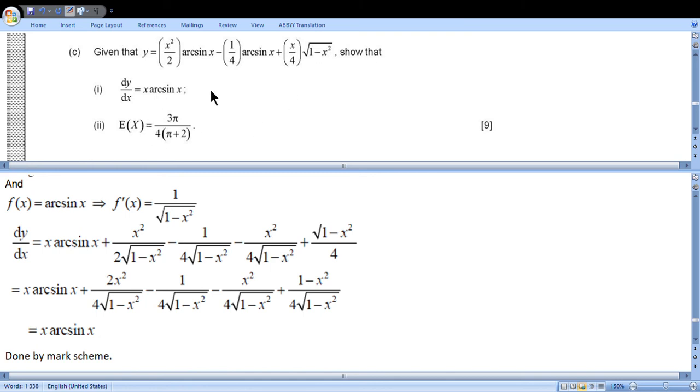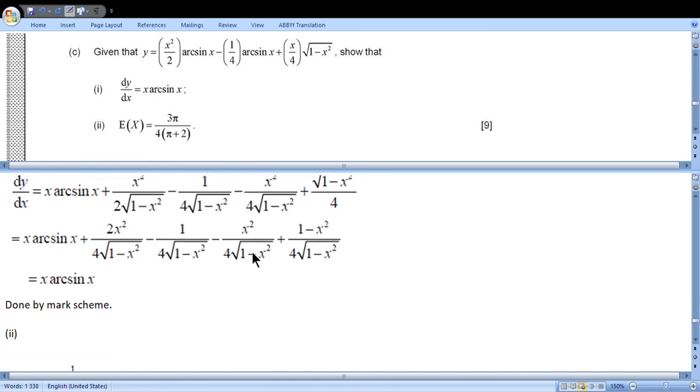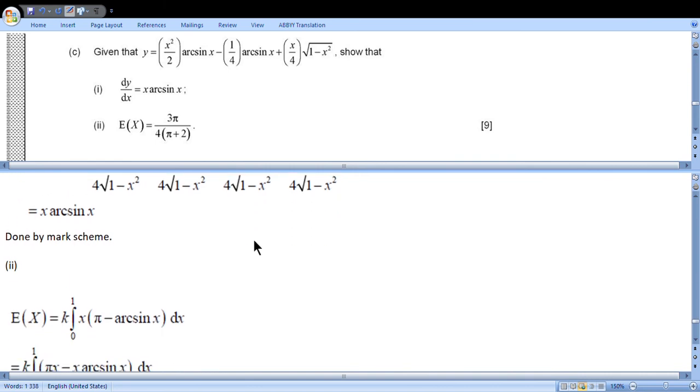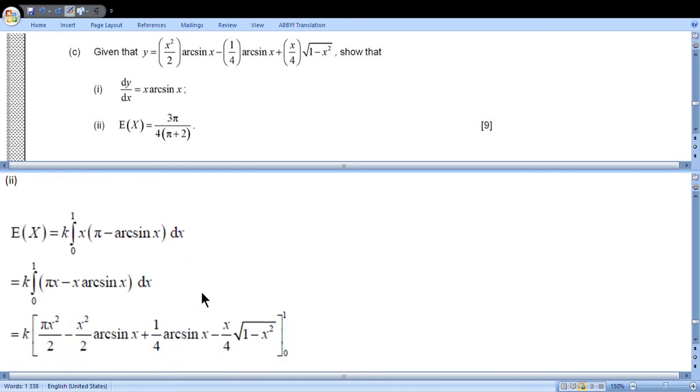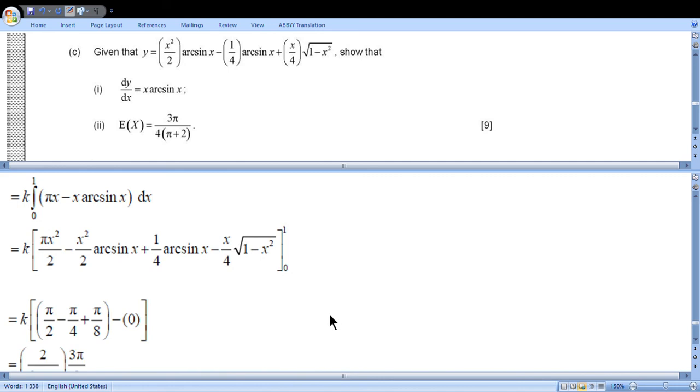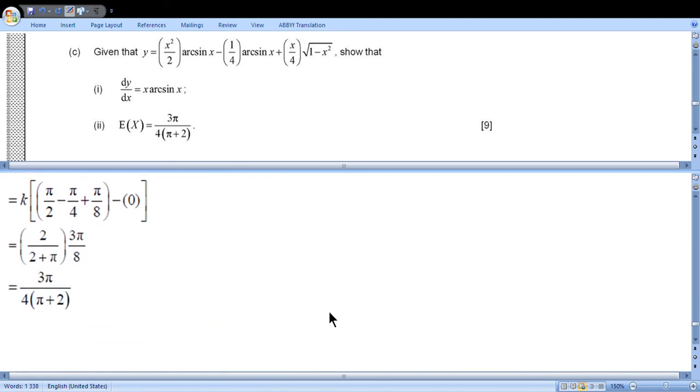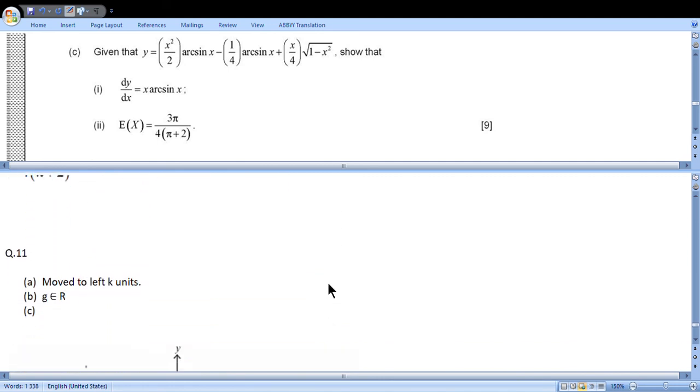So this is shown, and next, the expectation is x times the value of the probability function. Then opening brackets, etcetera, you can get the answer from the mark scheme.